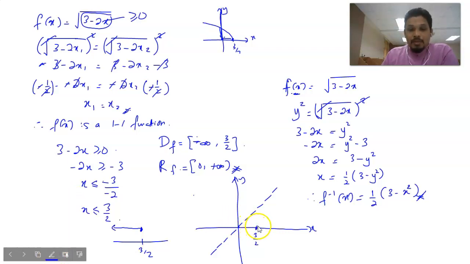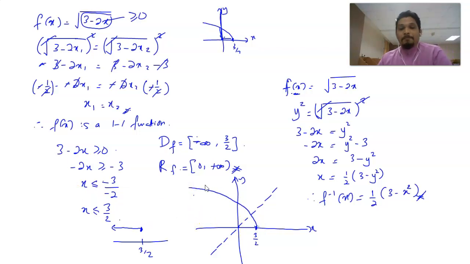So the graph may be something like this. Then next, sketch the inverse.